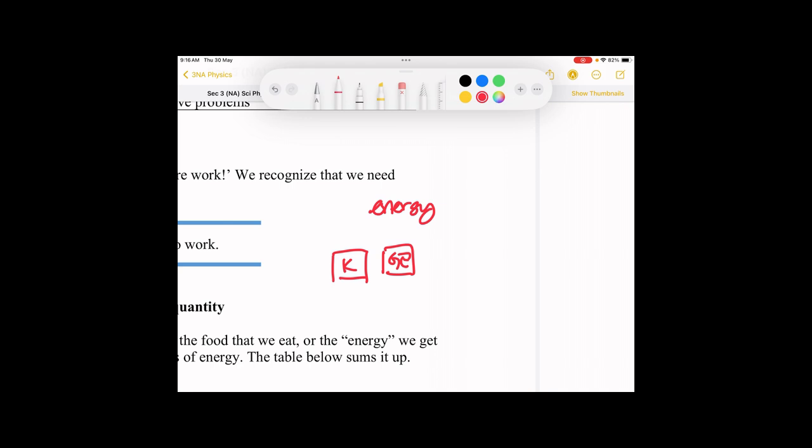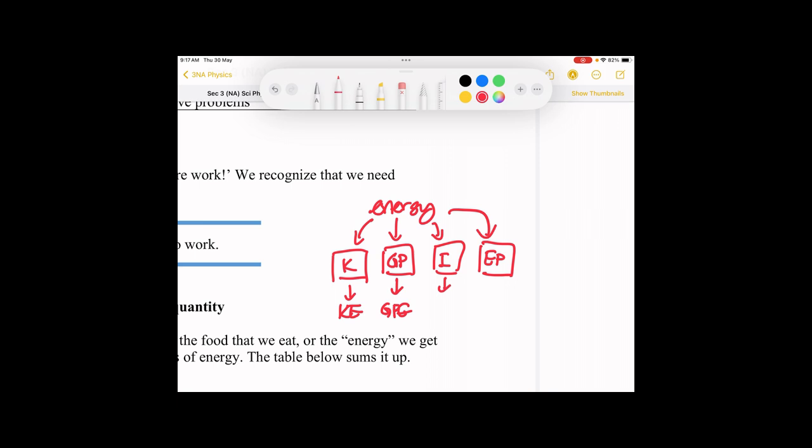For instance, there is the kinetic store, and the gravitational potential store, GPE, sorry, not GP, GPE. Then the internal store, which results in so-called heat energy, and the elastic potential store, which results in EPE. So the same type of energy can be placed in different stores, which results in the different flavors of energy that we used to know.